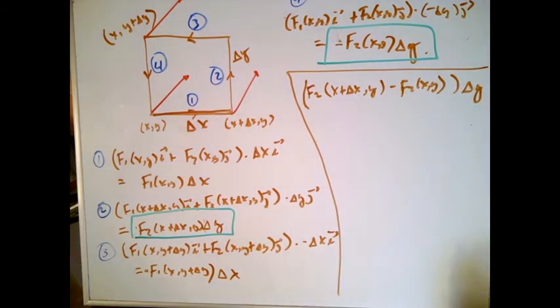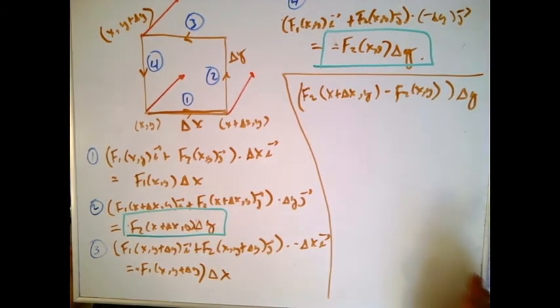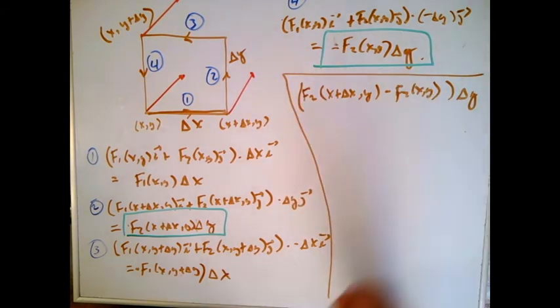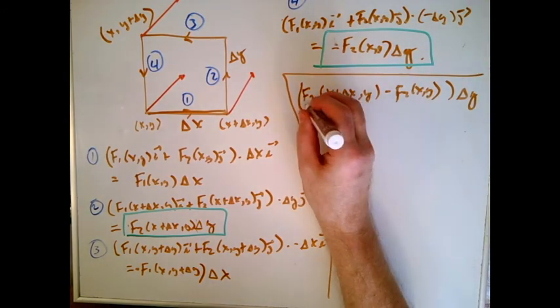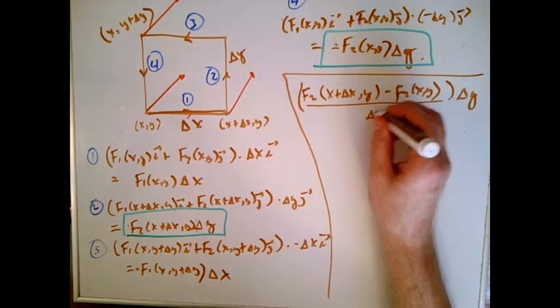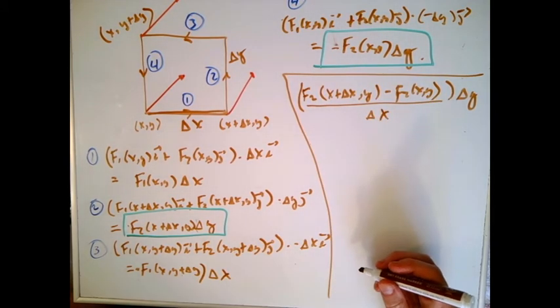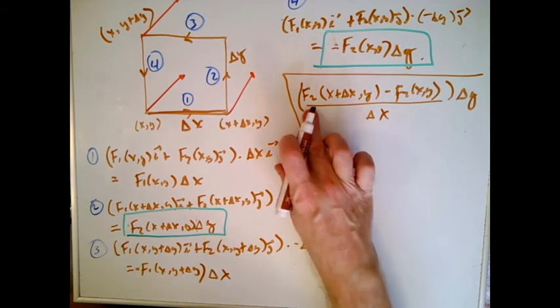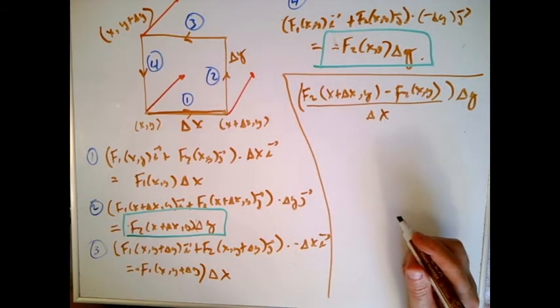Now, before we move on to the next term, let's just talk about this term a little bit. If you look at the top here, that looks like the top part of a difference quotient. Now, the only thing that's changing here is delta x. So if there was a delta x down here, we'd actually be looking at something that would be nearly the partial derivative of f2 holding y constant but letting x vary.